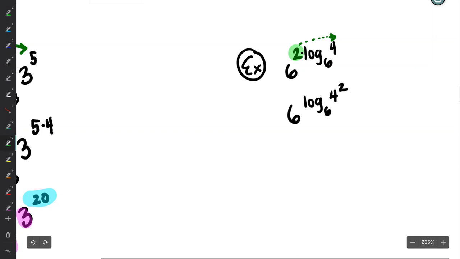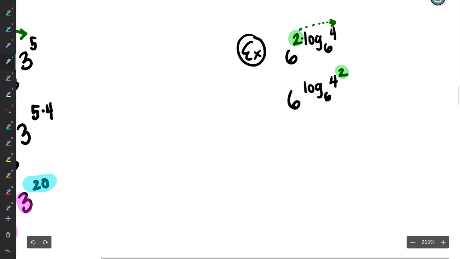Why is that so nice? We've got 6 to the log base 6 of 4 squared. Well, what's 4 squared? What is 4 squared? It's 16.